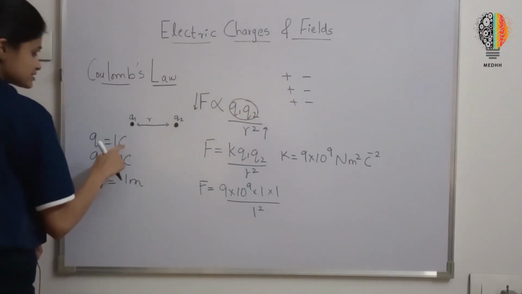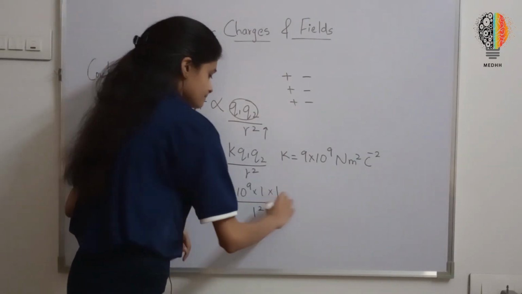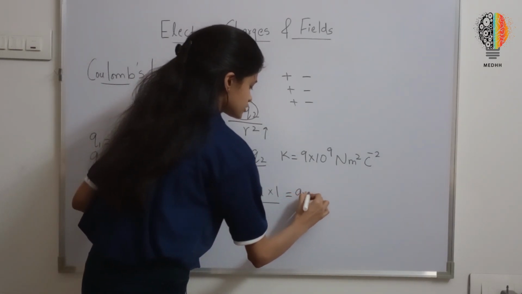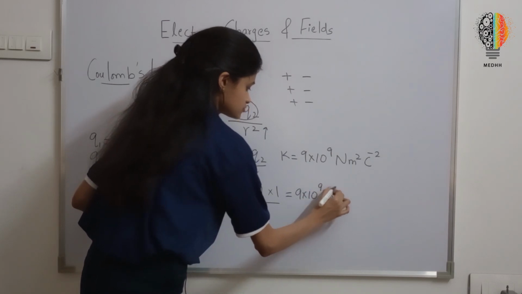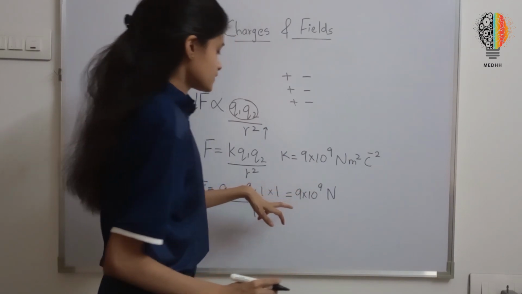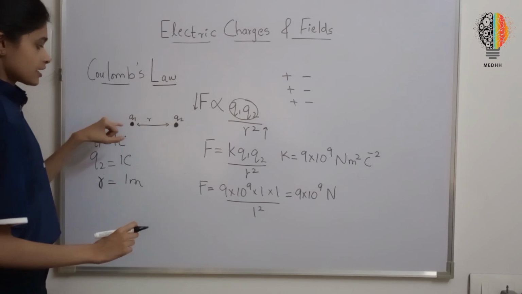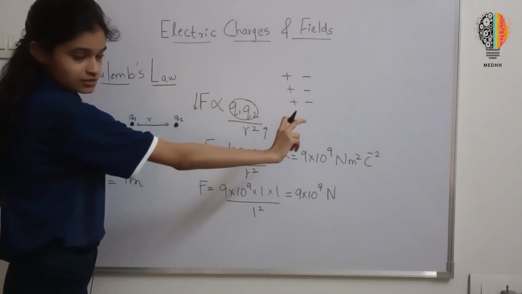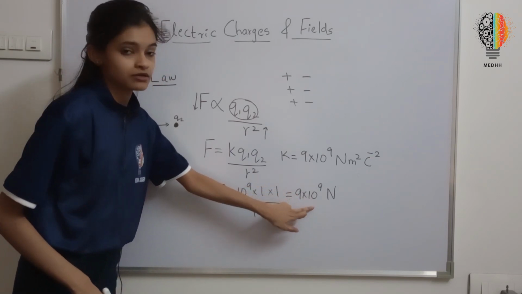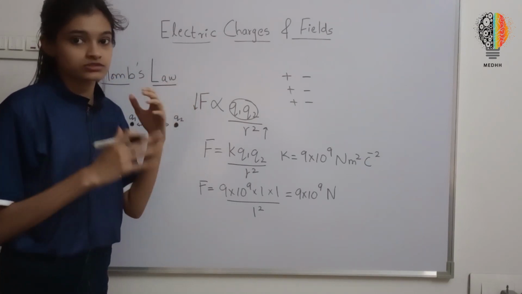One thing to note is that the units are in SI units, so there is no need to convert them. So, this will come to be 9 into 10 to the power 9 Newton. Newton is the SI unit of force. So, even if you keep the charges at a distance of 1 meter, the force will still be 9 into 10 to the power 9. We can just imagine how powerful the force will be.